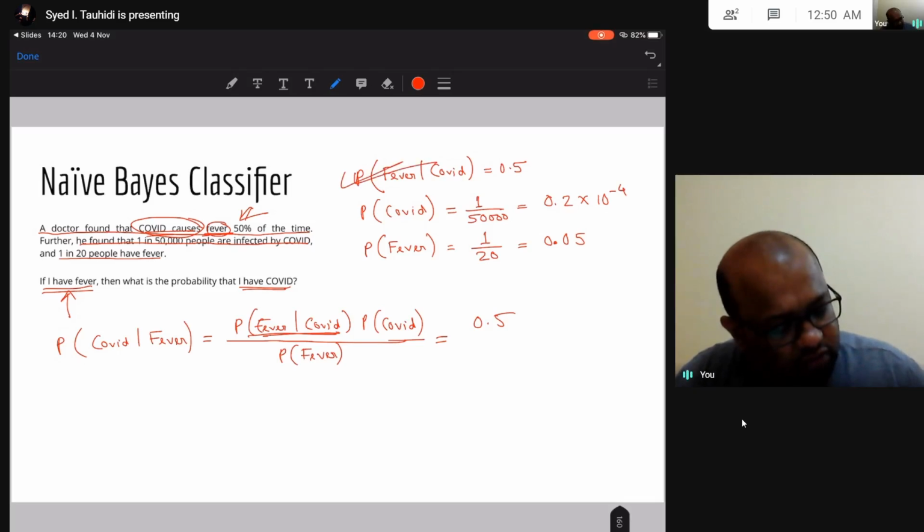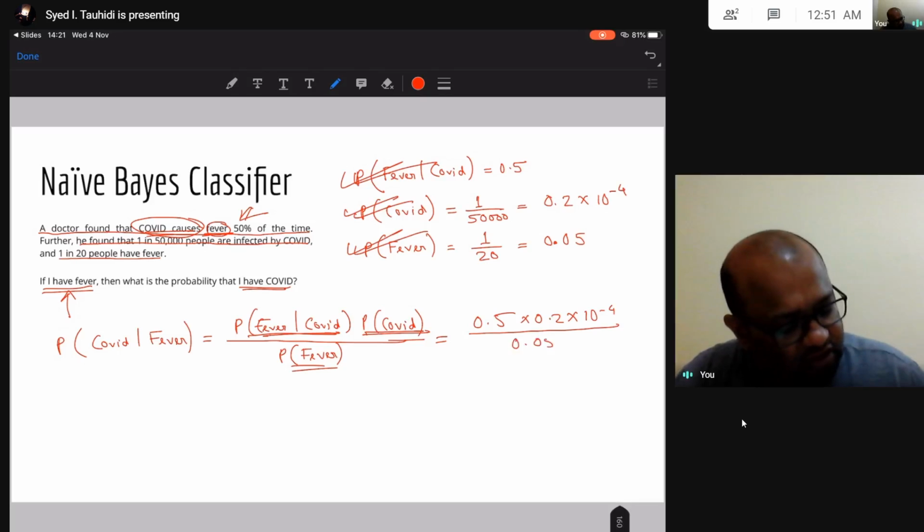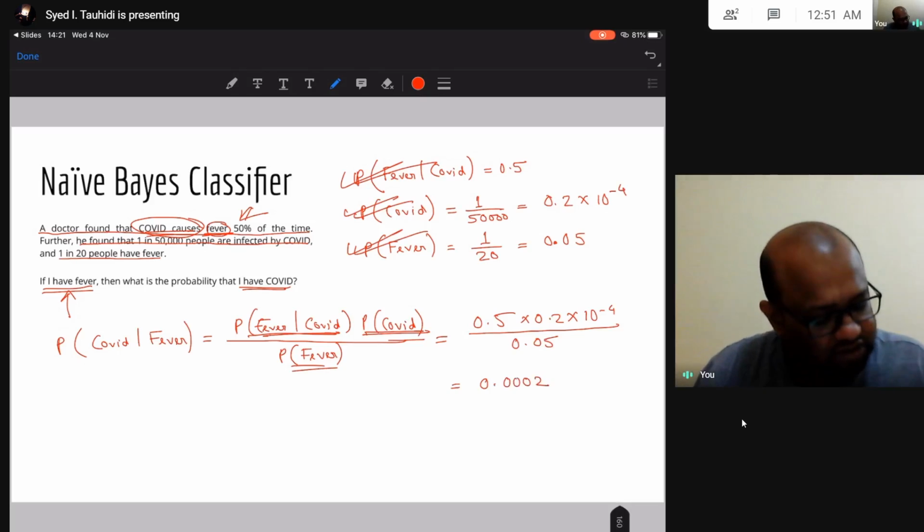This is equal to 0.2 into 10 to the power minus 4. This I get from here, and the denominator is probability of fever. This is equal to 0.05. If I solve this, I am going to get 0.0002. Alright, so this is equal to 0.02%.